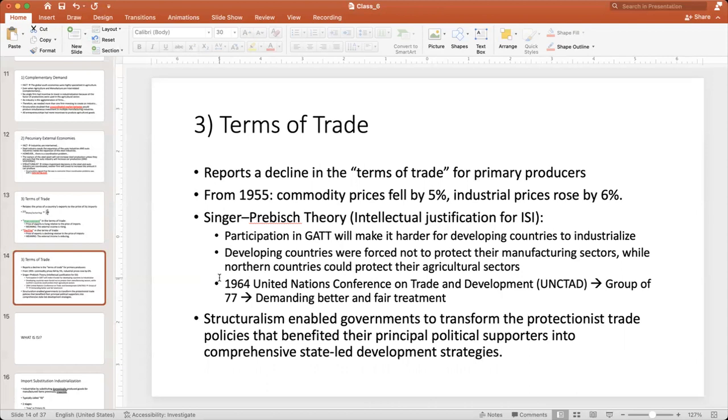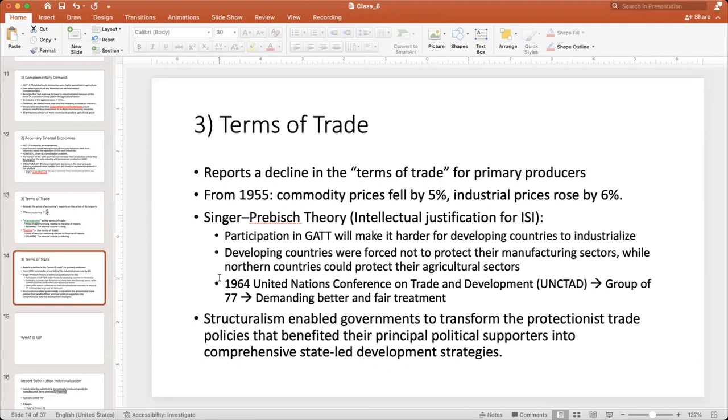And they tried to demand better terms and fair treatment in the international market. They wanted to have the same prerogatives as the global north to protect their weak sectors. However, that could not be possible.